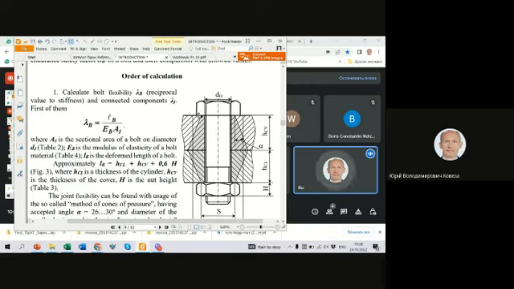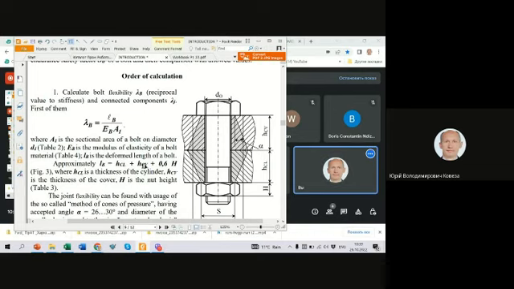Of course, it should be two thicknesses, H is thickness of cylinder plus height of cover, and 0.6 times H, where H is the nut height.